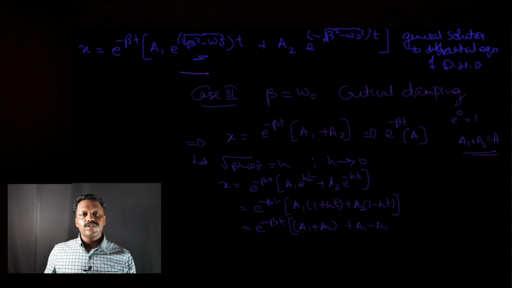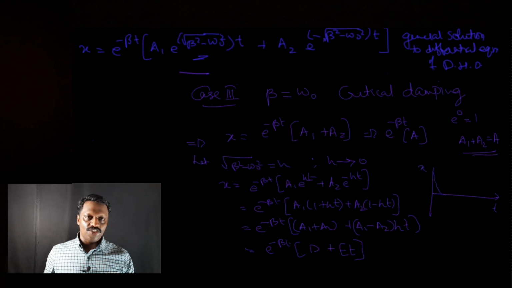So a1 plus a2 is another constant, the sum of two constants, and a1 minus a2 is another constant, the difference of the two constants. So we have e raised to negative beta t times (C plus Dt), which is also a non-periodic motion. The system attains rest at a much faster rate without crossing the mean position.